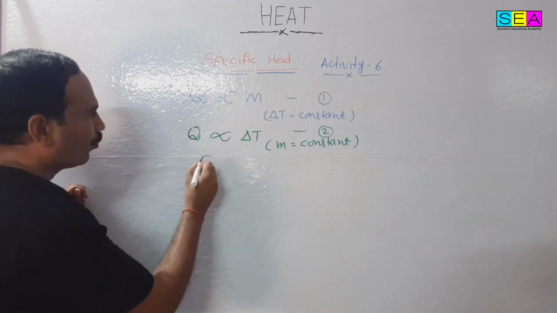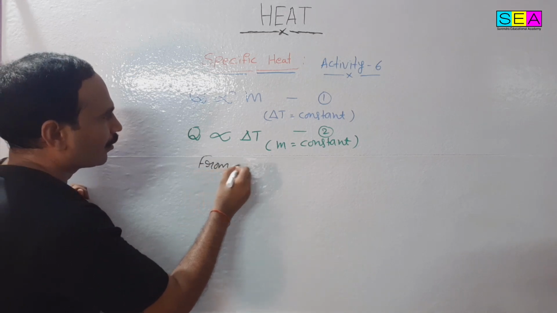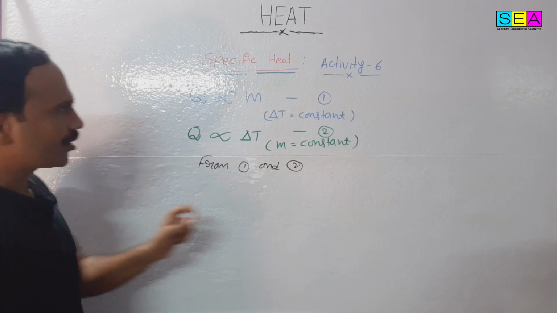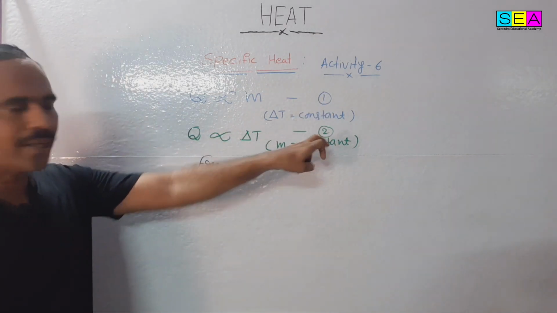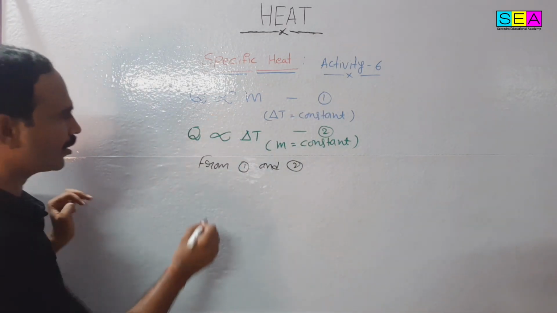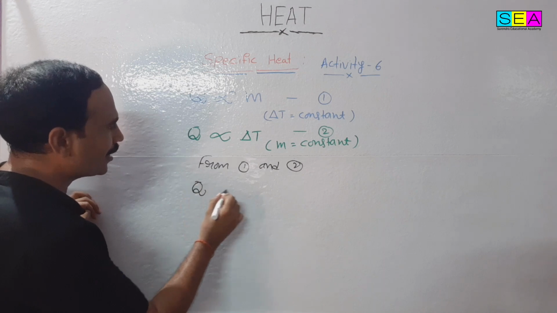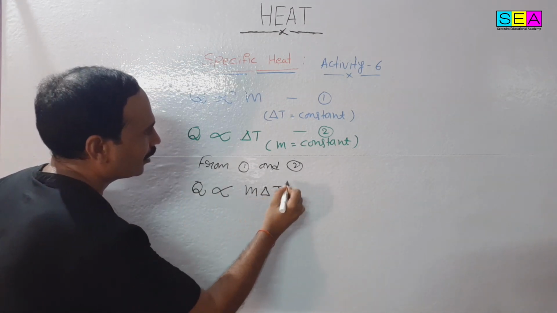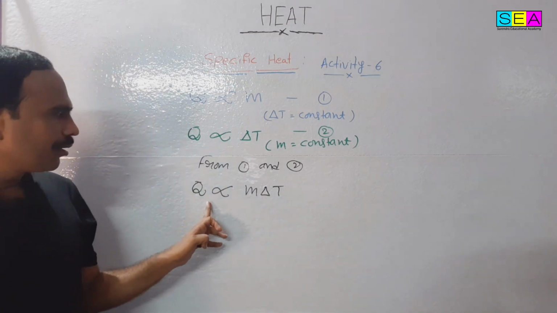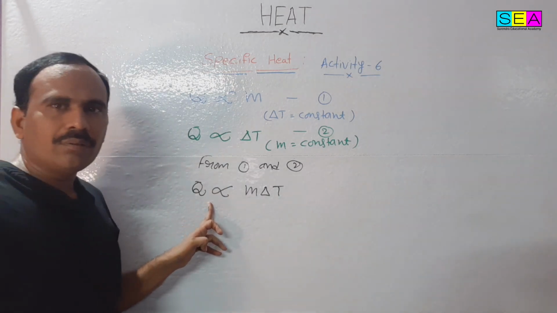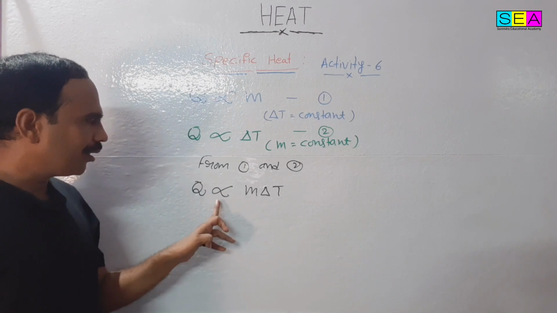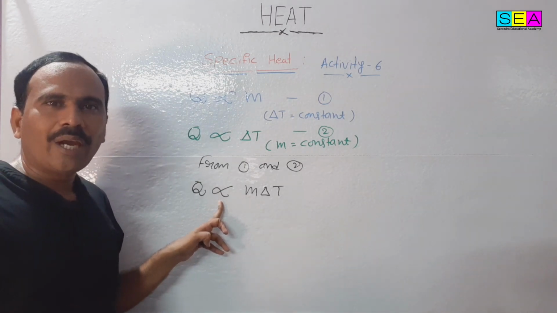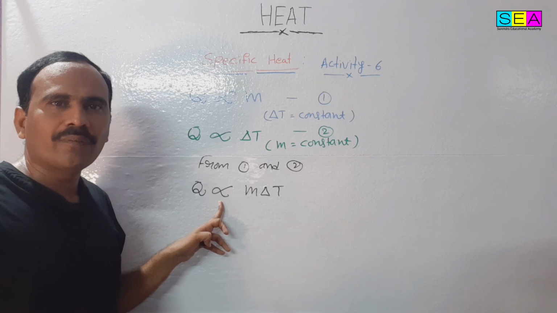From the first and second equations, Q is directly proportional to M delta T. Here, to remove the proportionality, we have to place a constant value.